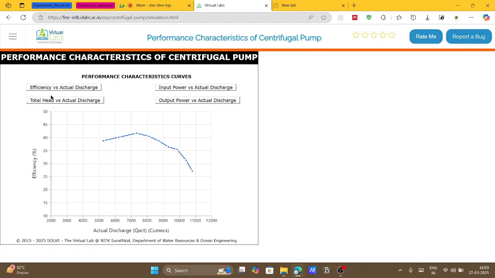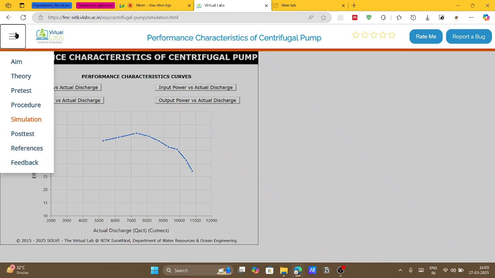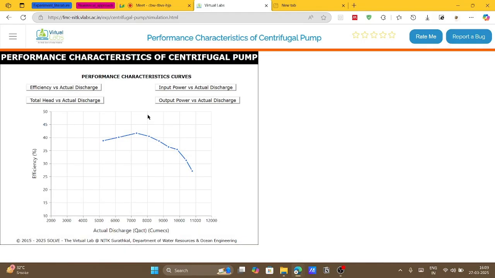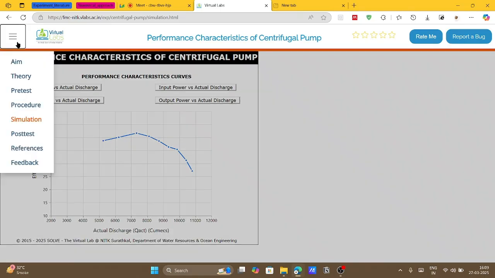For each type of centrifugal pump, these characteristic curves are given by the manufacturer itself, so that we can decide at what point we should operate our pump based on our requirement and what will be the power consumption at desired conditions, right? So this was the test, this was the virtual lab experimental part today.